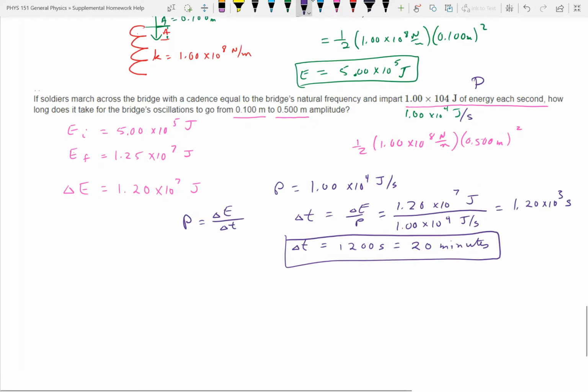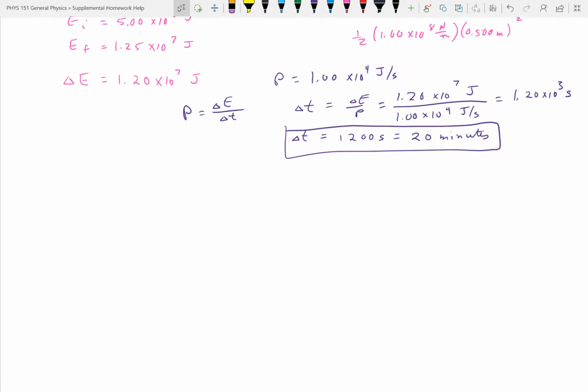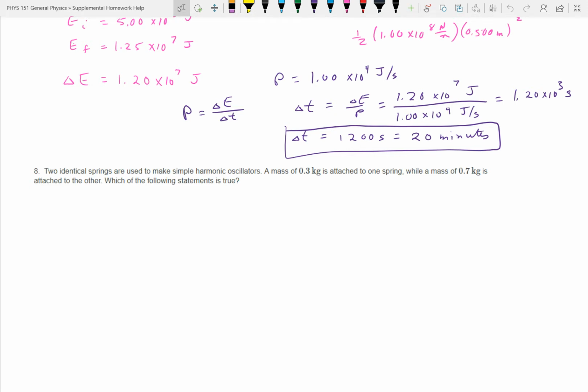Okay, go on to the next one. Okay, so physics. Two identical springs are used to make simple harmonic oscillators. A mass of 0.3 kilograms is attached to one, while a mass of 0.7 is attached to the other. Which of the following statements is true?